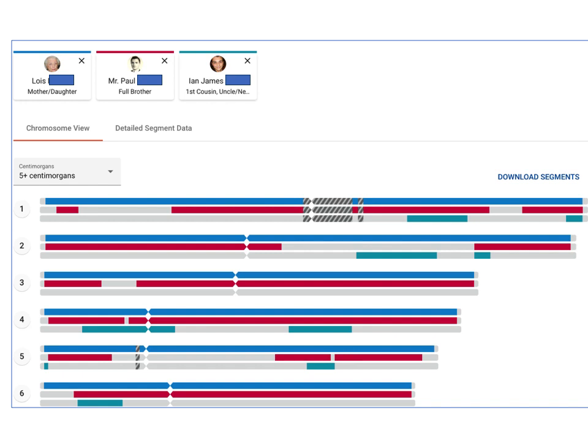This chromosome browser tool allows us to compare and view DNA segments that are shared between my family members. So if we look at chromosome 1 and compare the blue region on the chromosome, the blue color that you see corresponds to that of my mother.